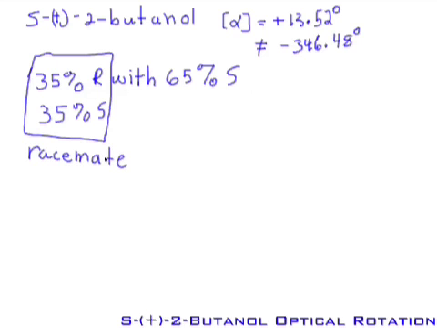That means 70% of the sample would not rotate light. If 35% of the S was used up with 35% of the R, that would leave only 30% of the S to rotate light.